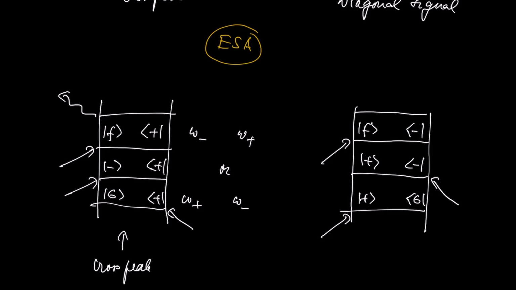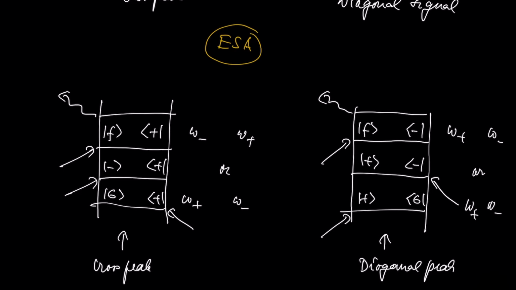Because the frequency between F and minus is minus, we have a diagonal peak. And F and plus is plus, so we have omega plus, omega plus, or omega minus, omega minus. So altogether four pathways, two on cross peak, two on diagonal peak.